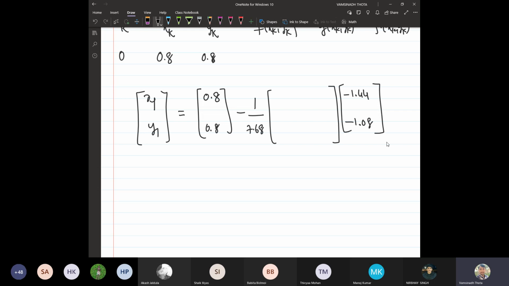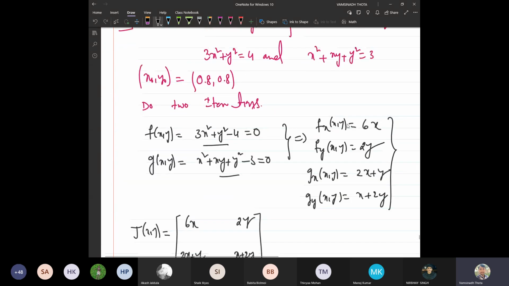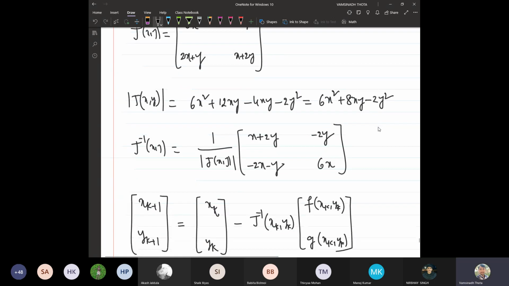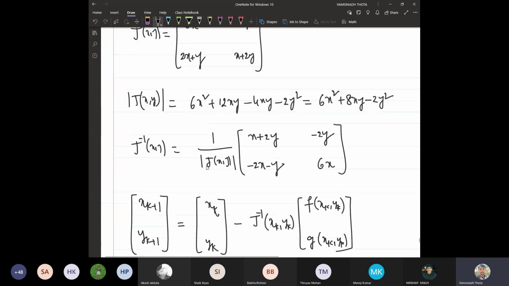And then let us fill this matrix. So fx at (0.8, 0.8) will be 4.8. I think better we use the J inverse formula, the matrix here.